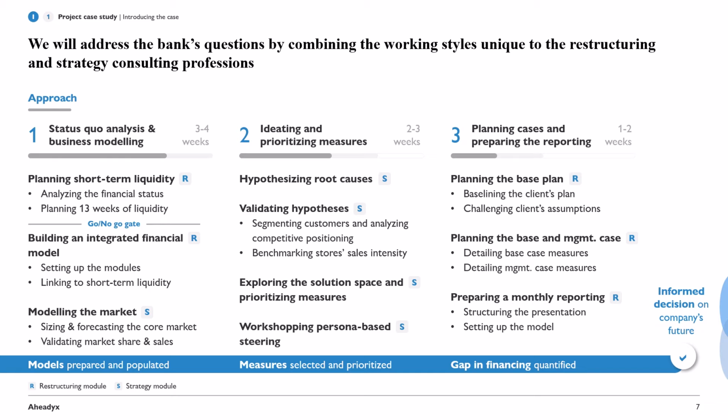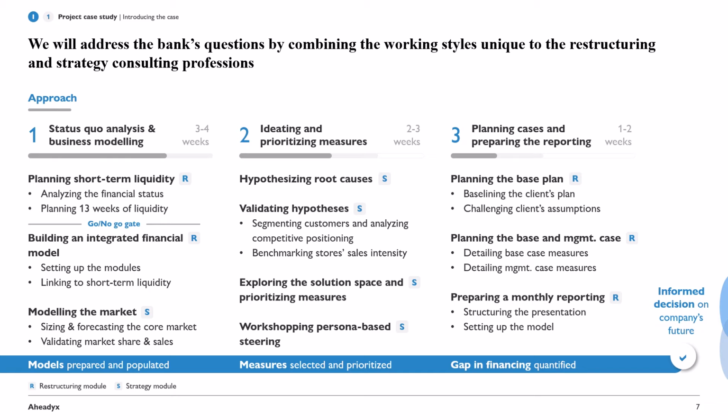In practice, you would not necessarily need this. May also be something where the client would say, do we really need this? Because here this is really crunchy, and in a real restructuring situation would only include work packages that you really need. Then third, we have the planning cases and preparing the reporting phase.